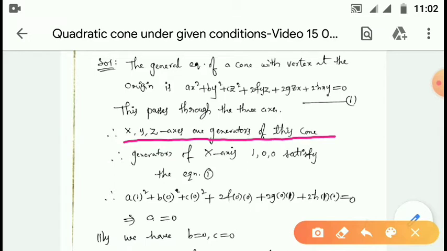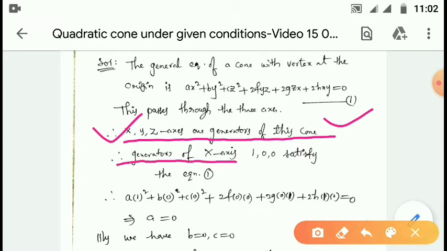I have said earlier in this video itself that the direction ratios of the generators satisfy the equation of the cone. Here the x, y, z axes are the generators of this cone.